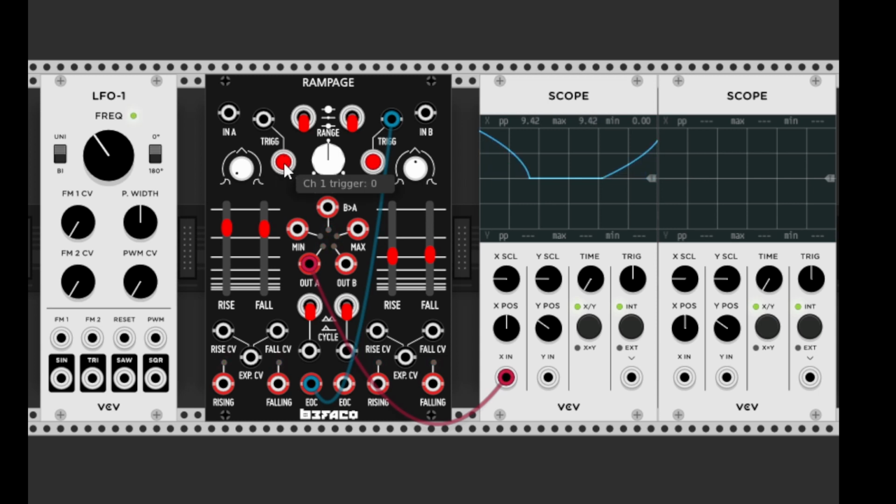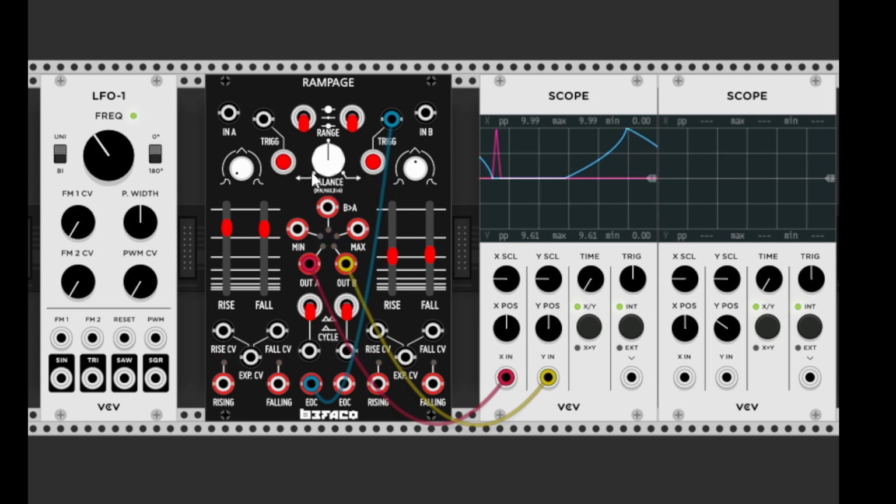And again. And I should, of course, also put the output to the scope, same position, and shoot it.